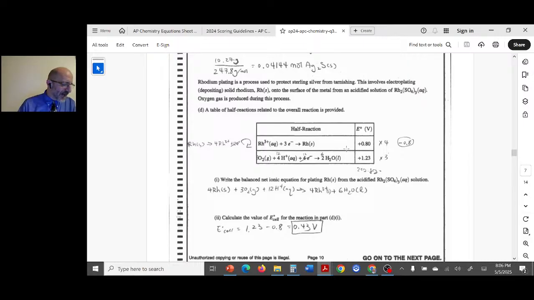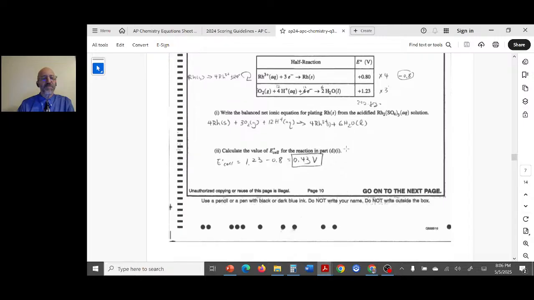Part DI did not earn a point because the balanced equation is reversed. However, part D double I did earn the point for the error carried forward. So they did make a mistake in part DI, and they got the error carried forward in part D double I, which, hey, great. Thank you, College Board, for giving me some partial credit. But I don't know what they're going to say in the next part. Let's find out.